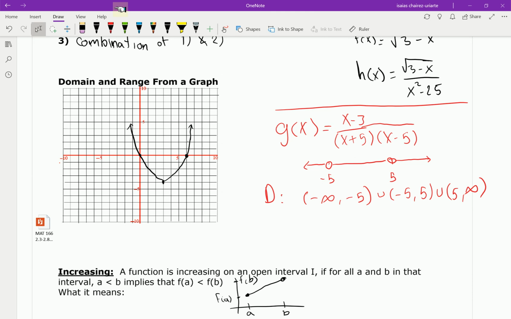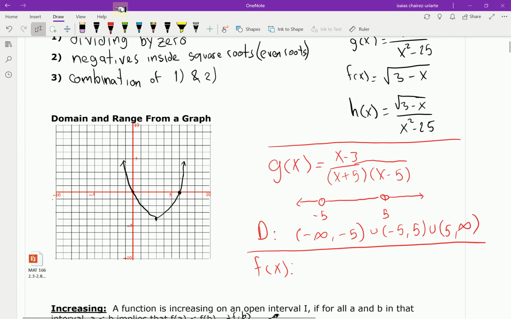What would be the domain of f of x? What's the domain of f of x? Well, what I'm trying to figure out are the values that make the inside of the square root negative. So one thing to think about is, well, let me write down the function here.